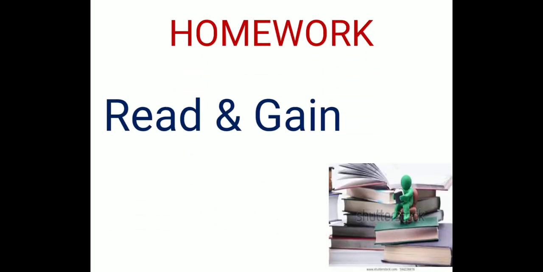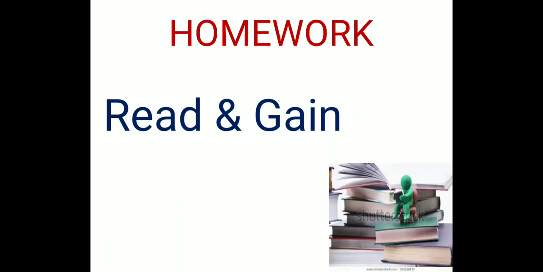Now, students, there is homework for you all. First you will write these, take the correct answers and true and false, in the notebook of chapter 2 so that you can learn it, and you will also do the homework. What is the homework? The homework is read and gain. You have to read something and then gain knowledge from that.